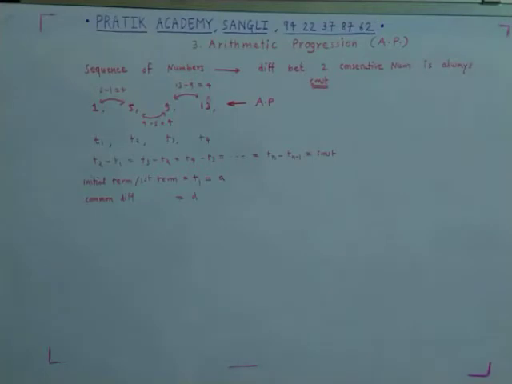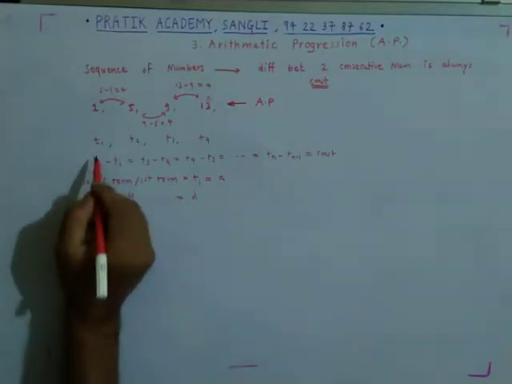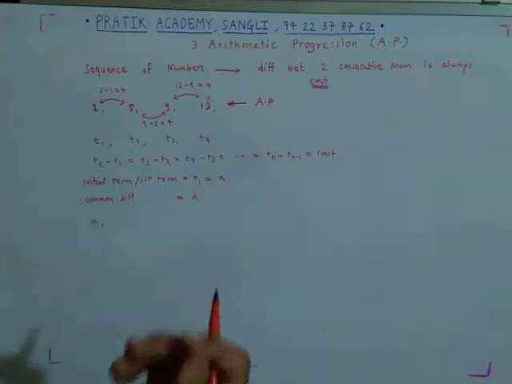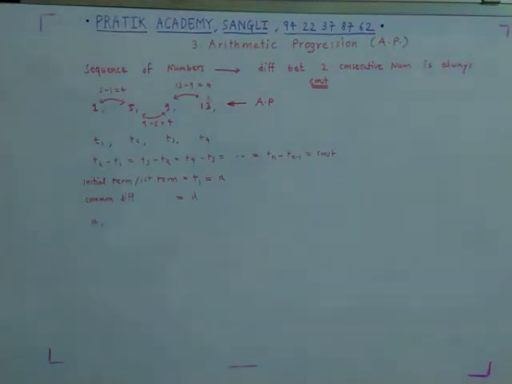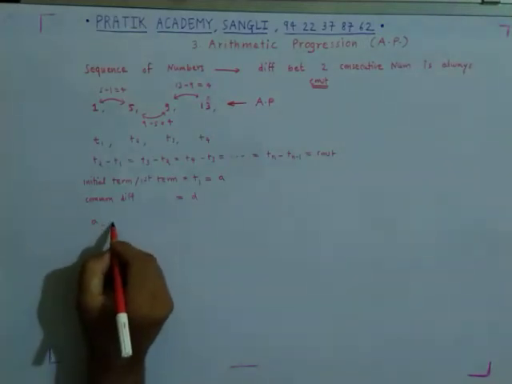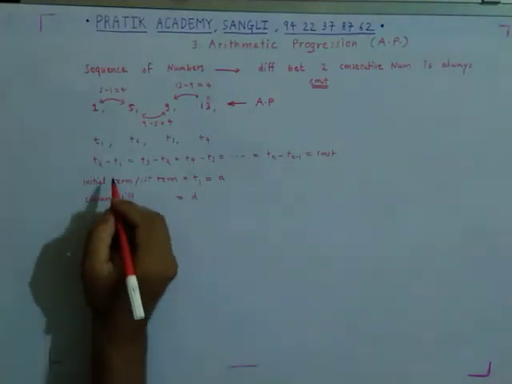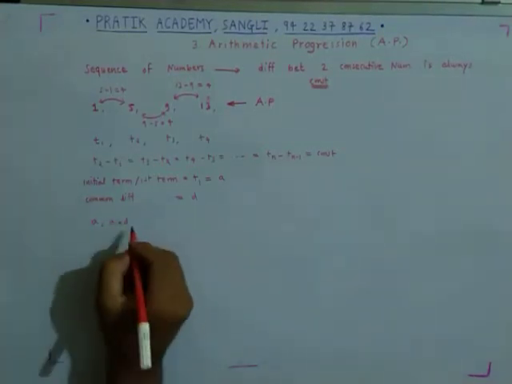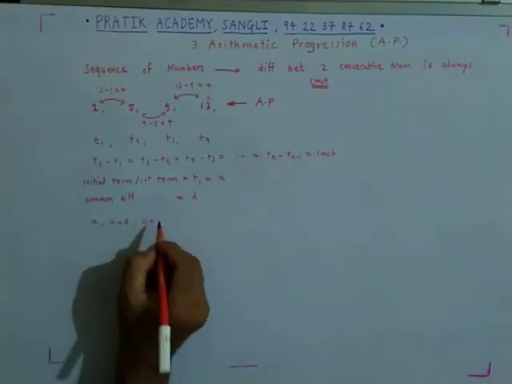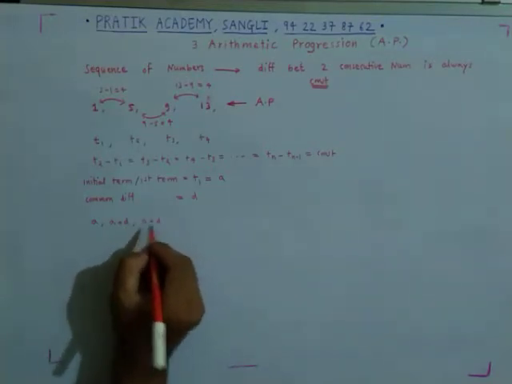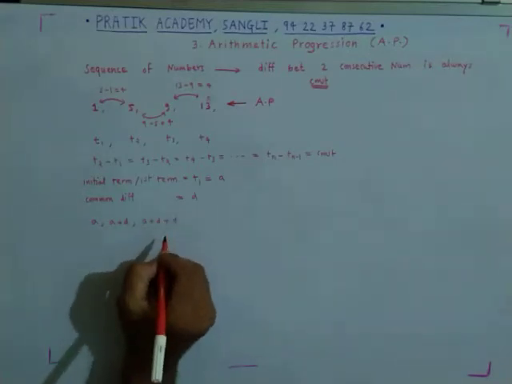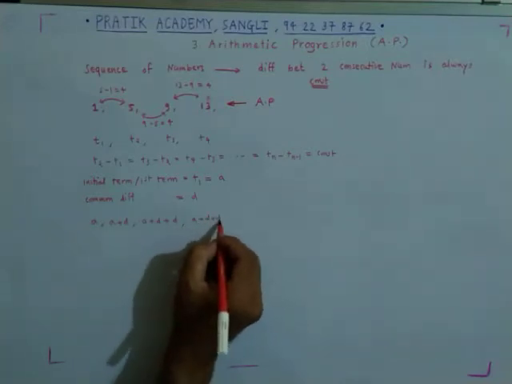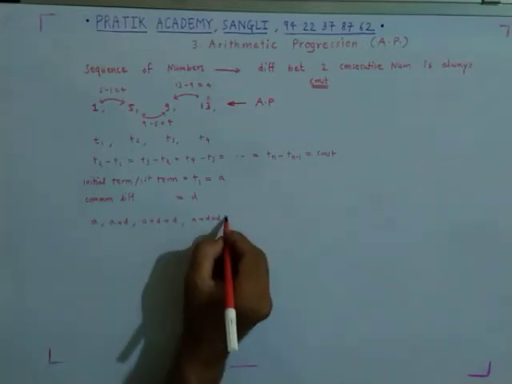In AP, if you use these symbols, then T1 will be A. Our T2 will be the first term plus its difference, so A plus D. The next term will be A plus D plus D, that is the previous term plus the common difference.